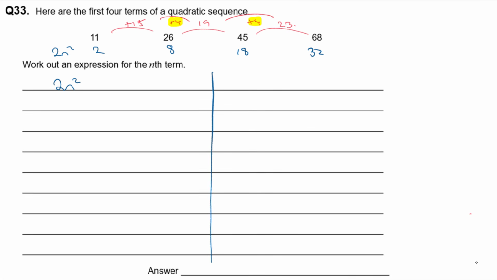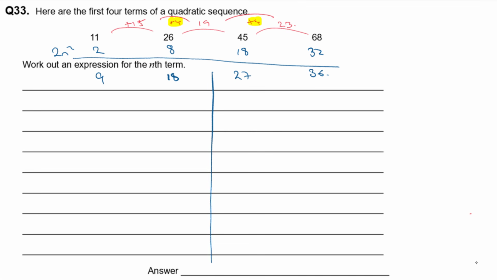Okay, and if you then subtract those numbers from your original sequence, then we're going to get 11 subtract 2 is 9, 26 subtract 8 is 18, 45 subtract 18 is 27, and 68 subtract 32 is 36.